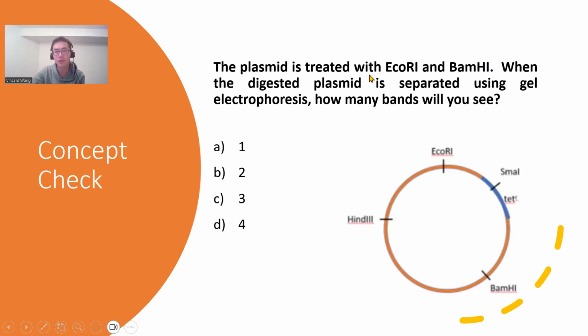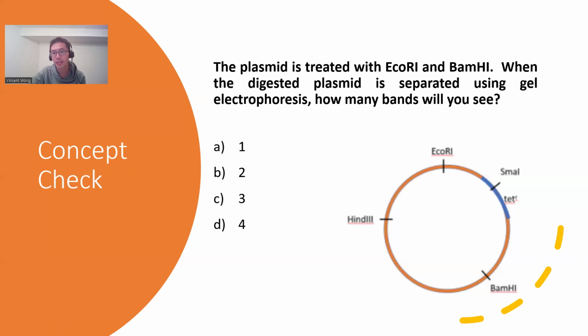The plasmid is treated with EcoRI and BamHI. When the digested plasmid is separated using gel electrophoresis, how many bands will you see? Let's think about this. You're going to take this plasmid, you're going to treat it with EcoRI and BamHI.